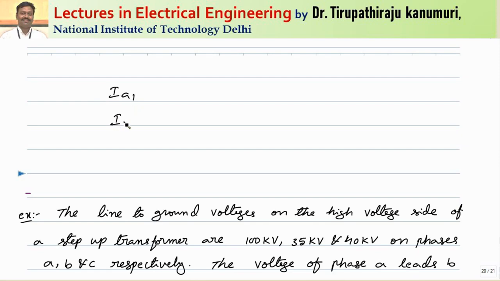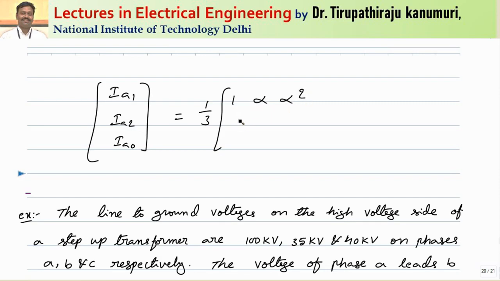So Ia1, Ia2 and Ia0 will be equal to 1 by 3 times of 1 alpha alpha square, 1 alpha square alpha, 1 1 1, times Ia, Ib and Ic. This way we will get it.